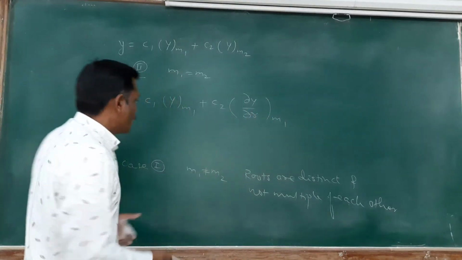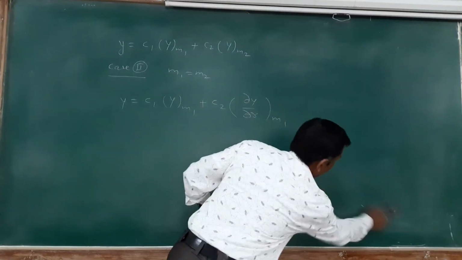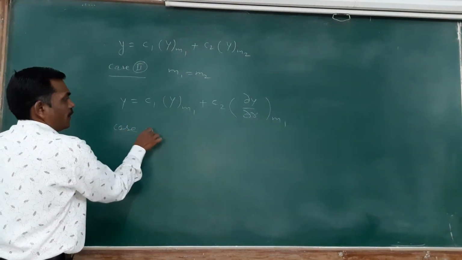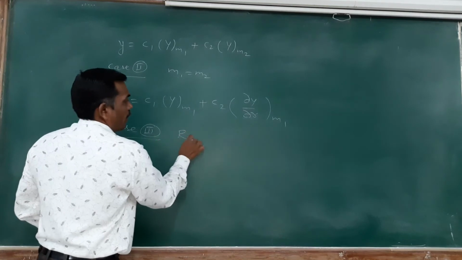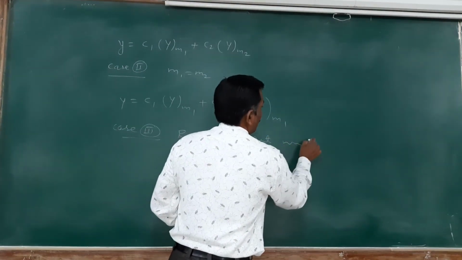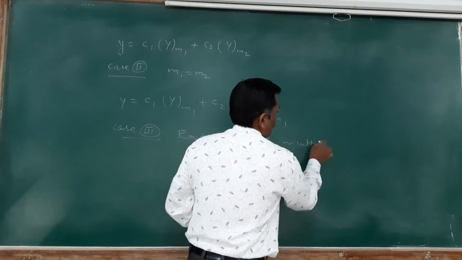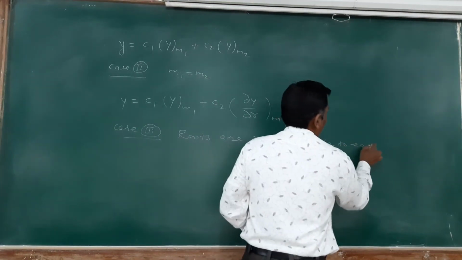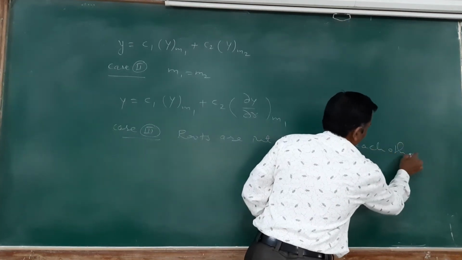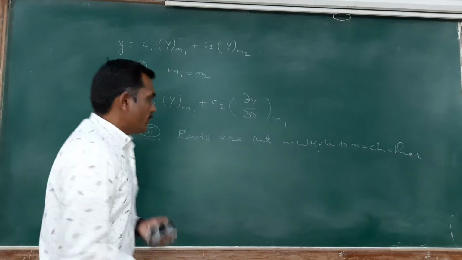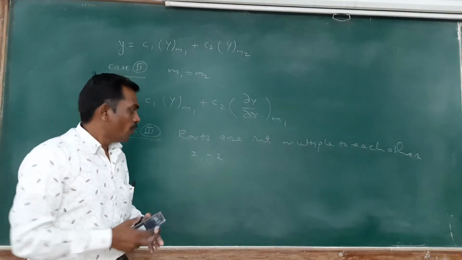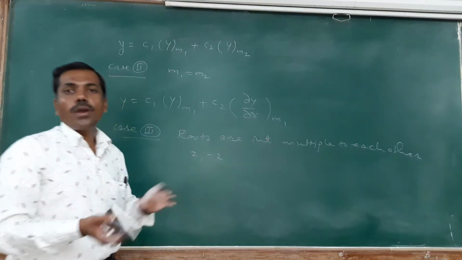And the third case is there: the roots are integer multiples of each other, just like 2 and minus 2, in fact only a sign difference, or 2 and 4.